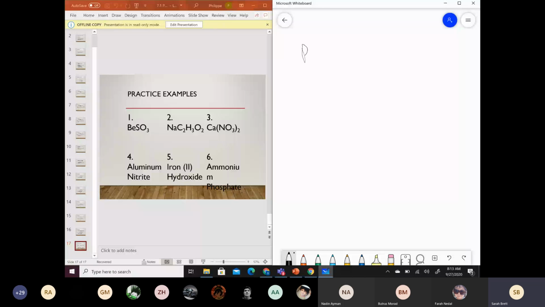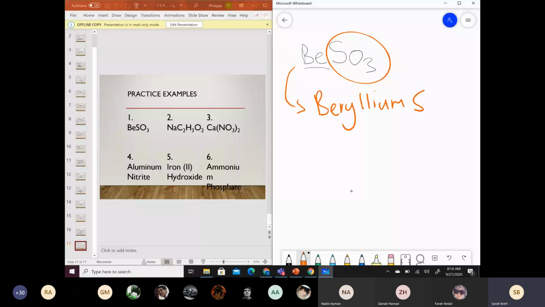You should know that Be straight away is an element. Also, I told you, you could do this with your table. So you should be able to clearly identify this as your polyatomic ion known as sulfate. Once you know that information, guys, the rest is extremely straightforward.